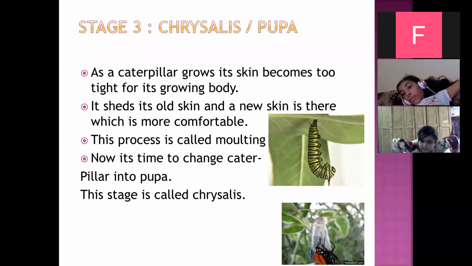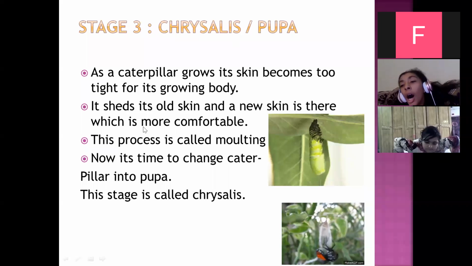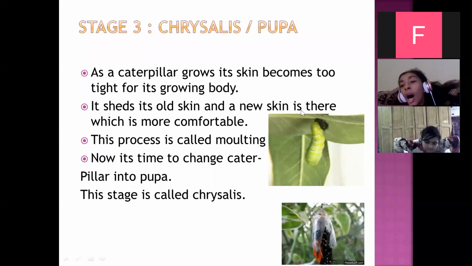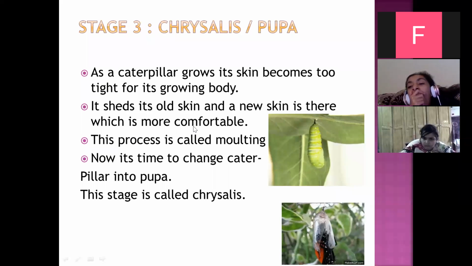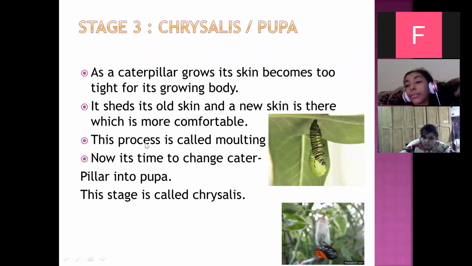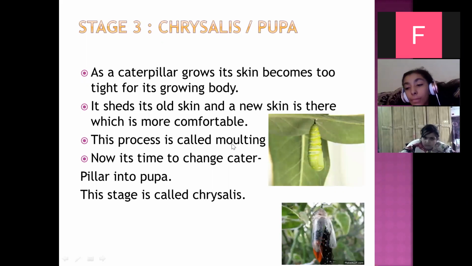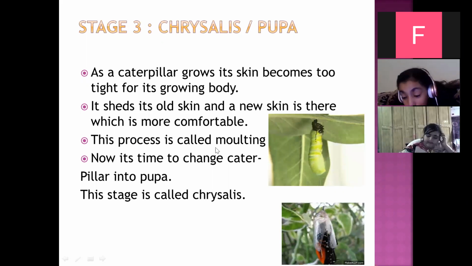Okay, students, it sheds its old skin and a new skin is there which is more comfortable. And this shedding of skin of a caterpillar is called molting. What do we call it? Molting. Okay, students.